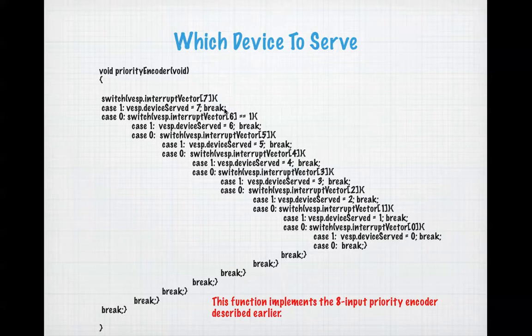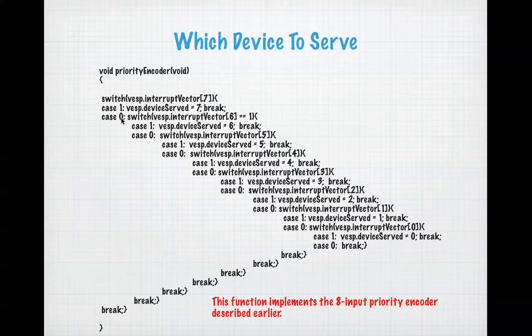This is really the encoding process, which I have converted into C++ code. If that device is device number 7, I'm just going to say the service must be given to device number 7, and that is what this is basically stating here.